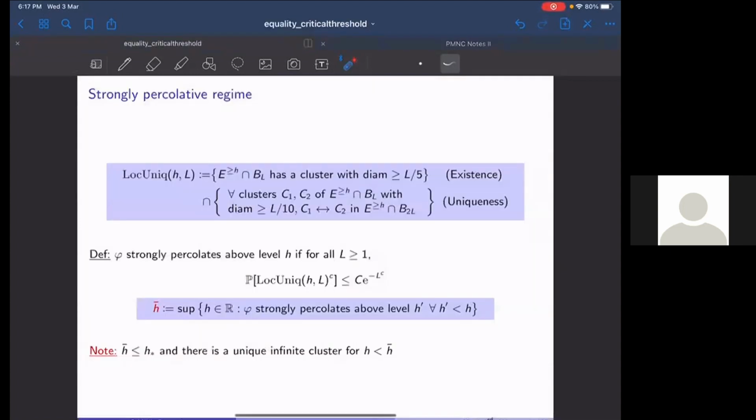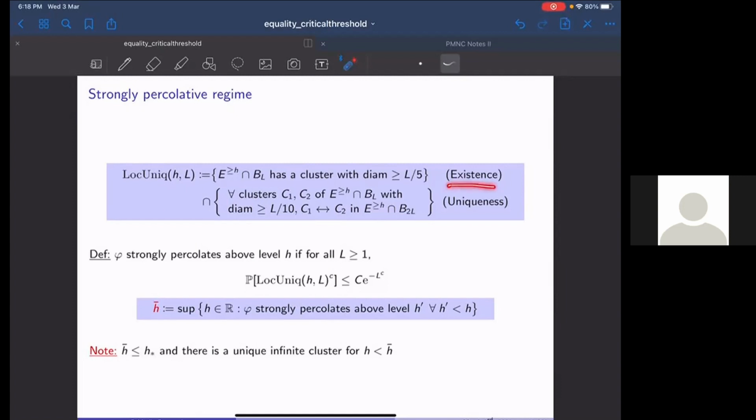Okay. So this is a mouthful, but let me try to describe it to you. Let me take a bit of time. It will be very familiar to those who are used to this. What is important here is some kind of event called local uniqueness. This consists of 2 parts.